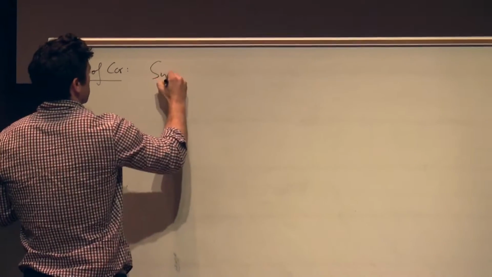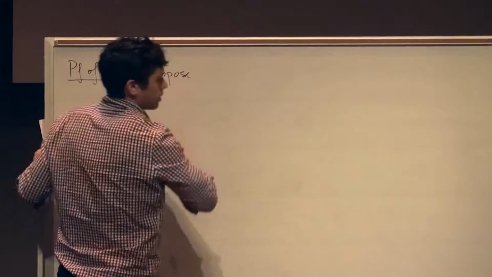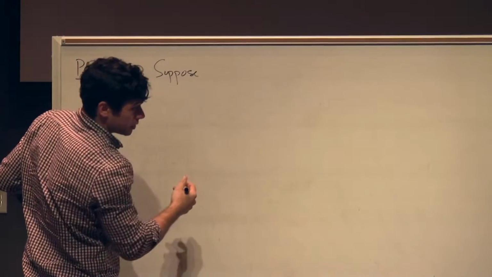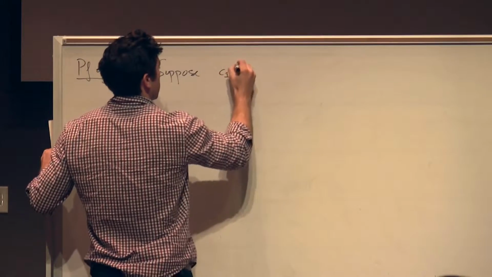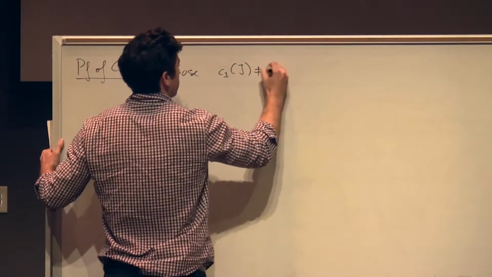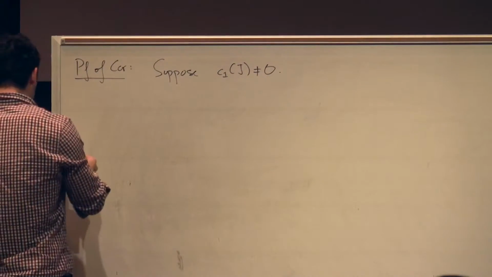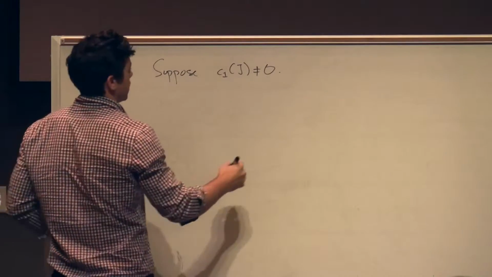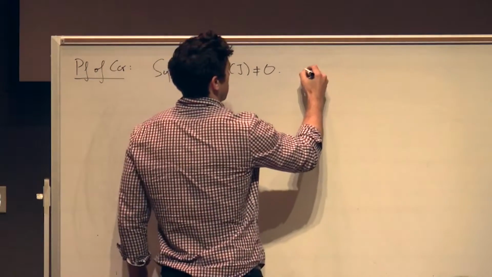So suppose the conditions are met. So c1 of J is non-zero. And consider the conjugate Stein structure.